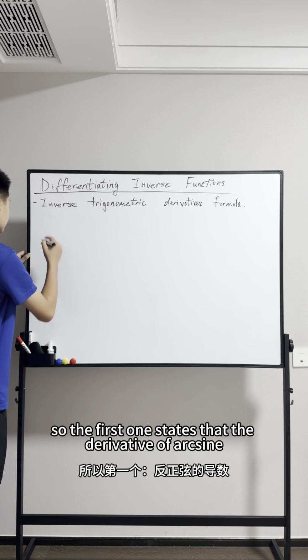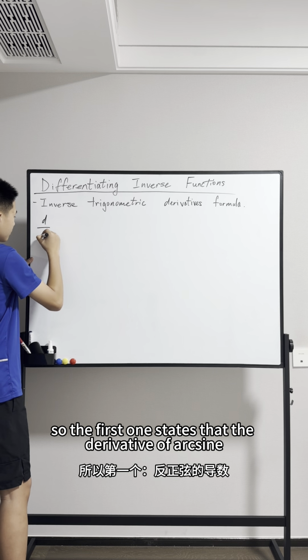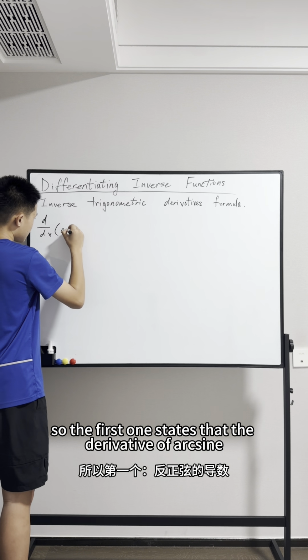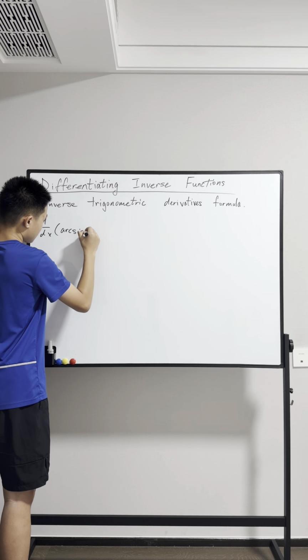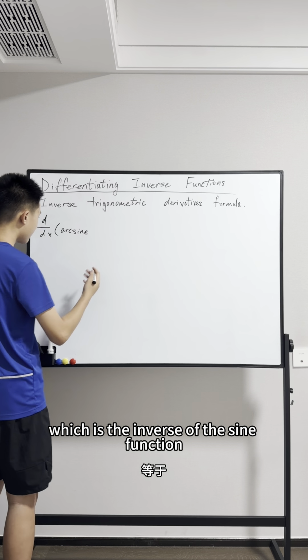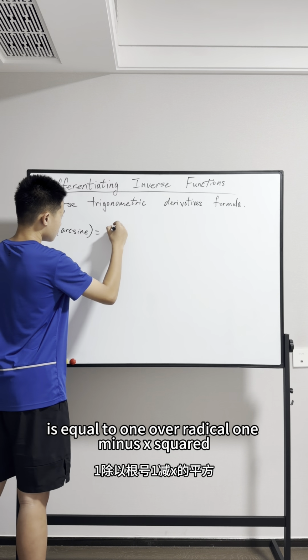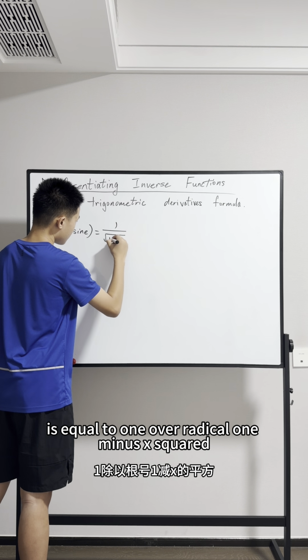The first one states that the derivative of arcsine, which is the inverse of the sine function, is equal to 1 over radical 1 minus x squared.